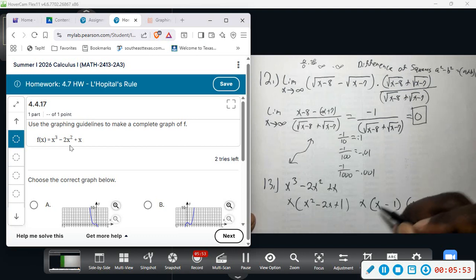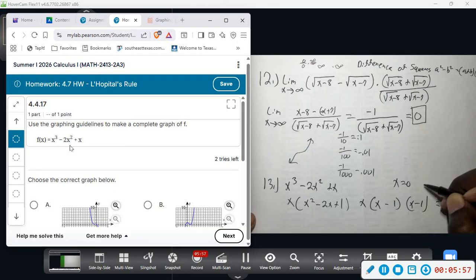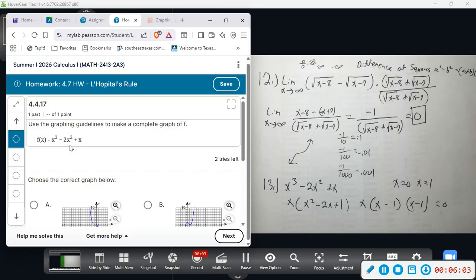So this will factor, we'll have x times x minus 1 times x minus 1. So we'll get 2 zeros. We'll set this equal to 0. So we'll get x equals 0, and we'll get x equals 1. That will be my 2 zeros. So this should cross the graph at 0, and it should come down and touch at x equals 1 because it's a double root.